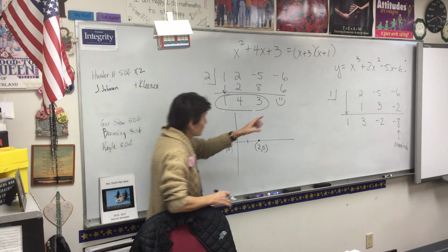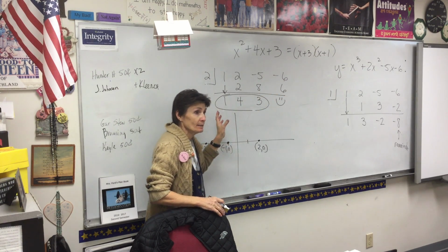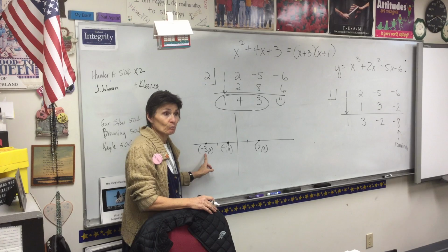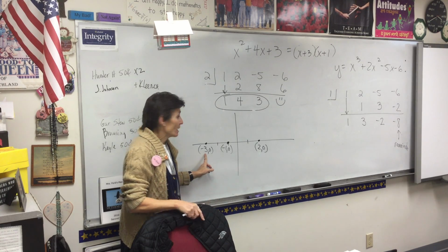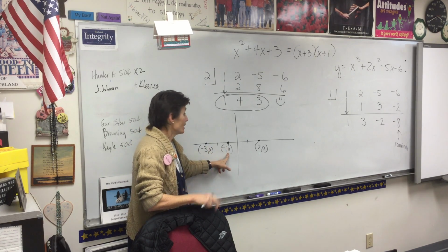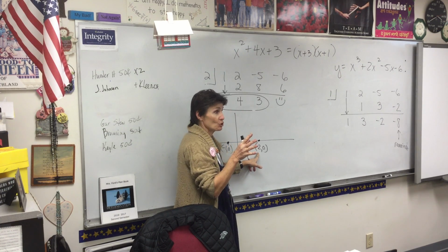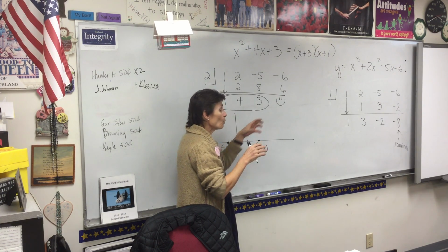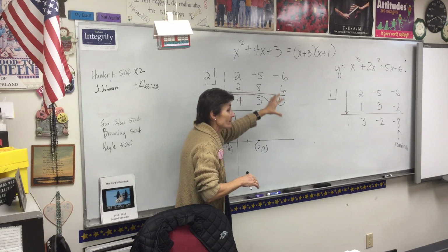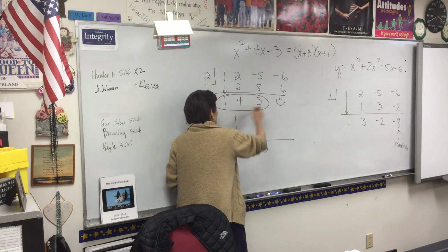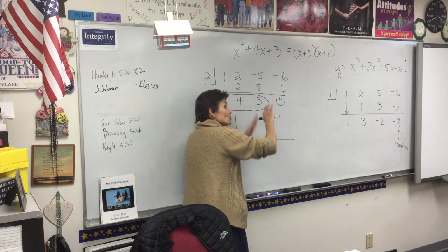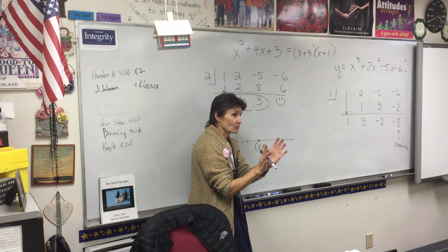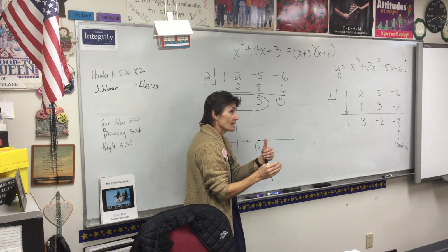That means that when I was guessing numbers, I could have guessed negative 3 and that would have worked, or negative 1 would have worked. I just happened to have guessed 2, but whichever one you find, when you get it divided out, the leftover part here, you can just break down into the factors. You don't have to continue the process.